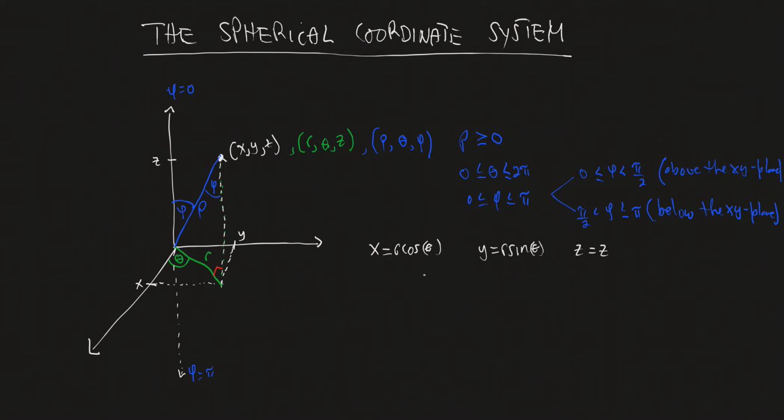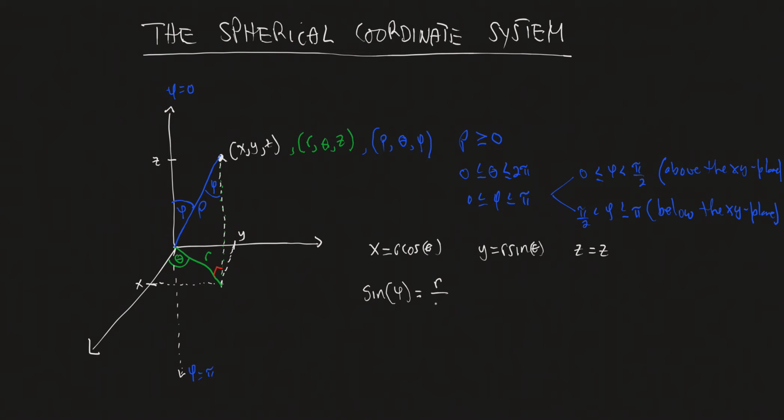Z equals z. Now let's see, what does my triangle here that has a blue side, a green side, and a white side tell me? Well, remember, rho is your hypotenuse. We have this angle phi here, and r is opposite to the angle phi. So this tells me that the sine of phi is r divided by rho.